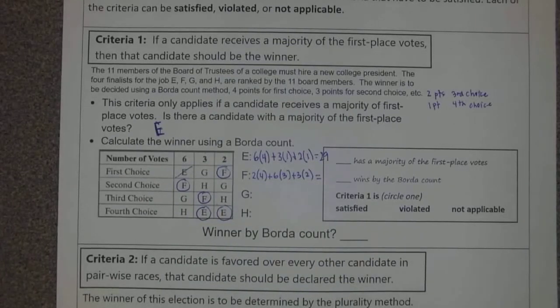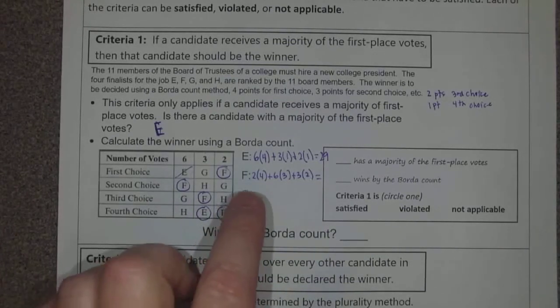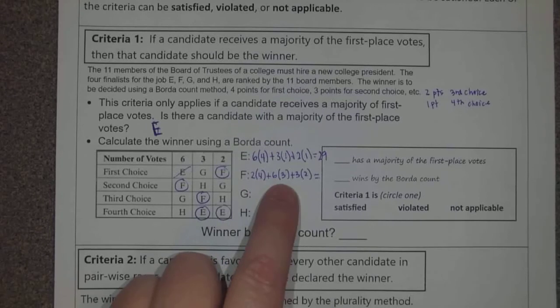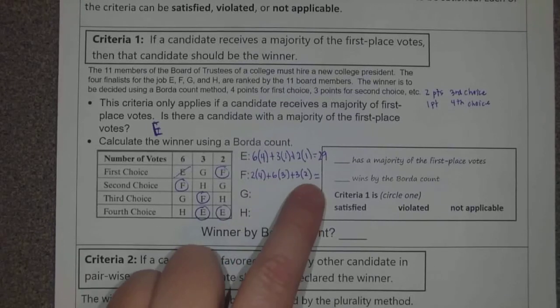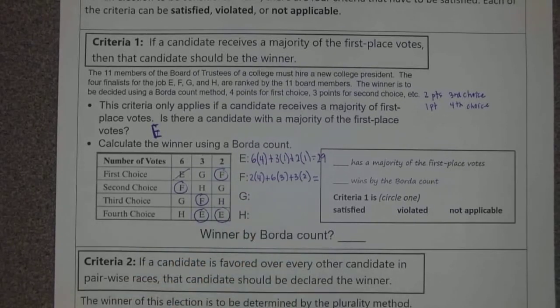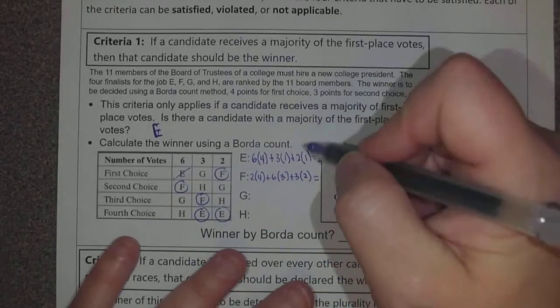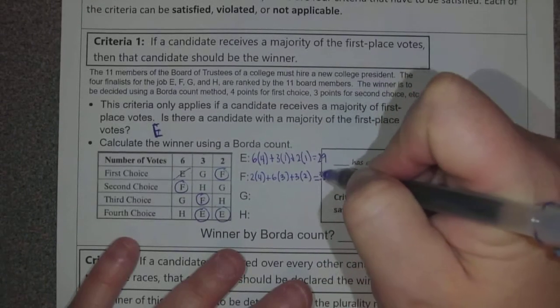So we're just going to punch that into our calculator. 2 times 4 would be 8. 3 times 6 would be 18. And then 3 times 2 would be 6. So 8 plus 18 plus 6. When I added that on my calculator, I got 32 for my total there.